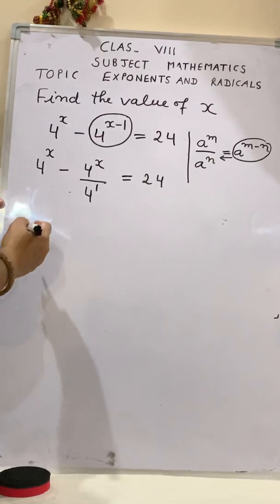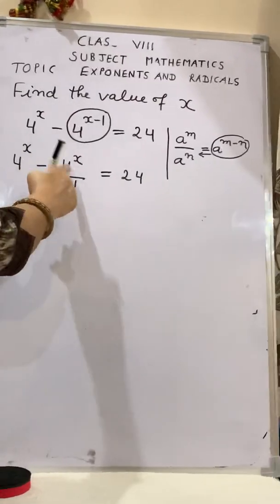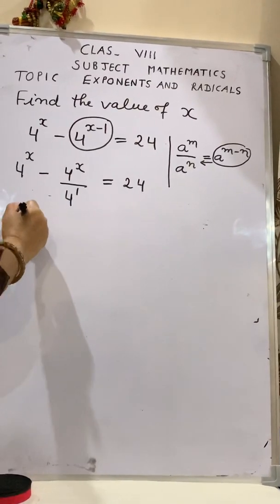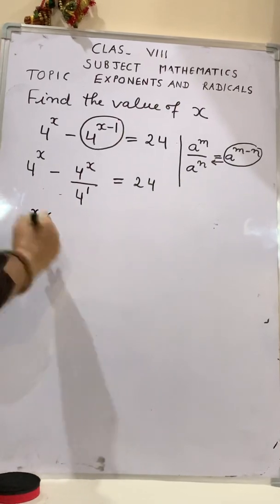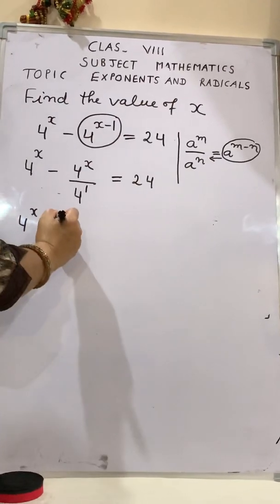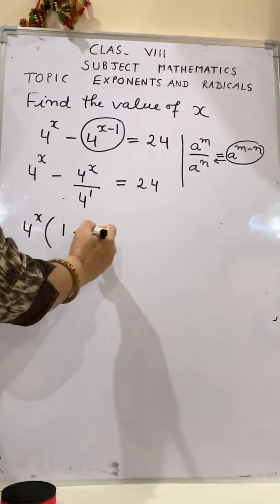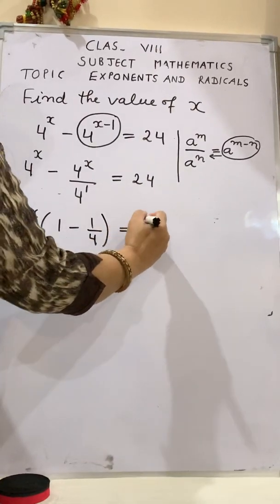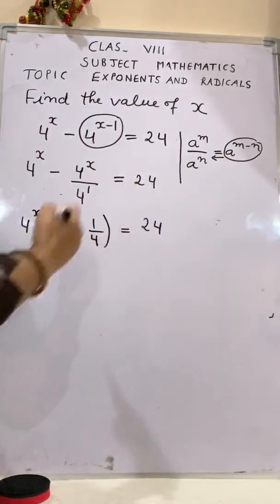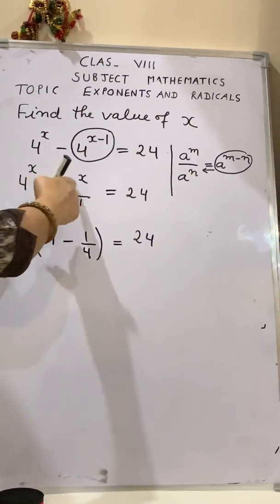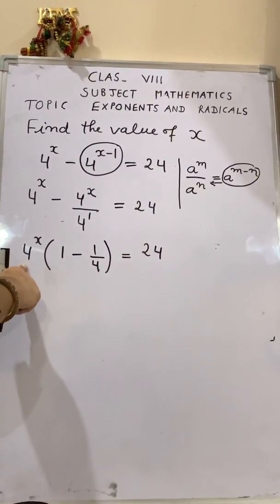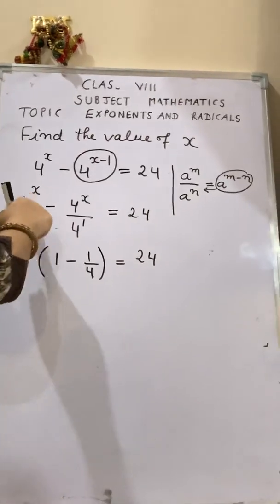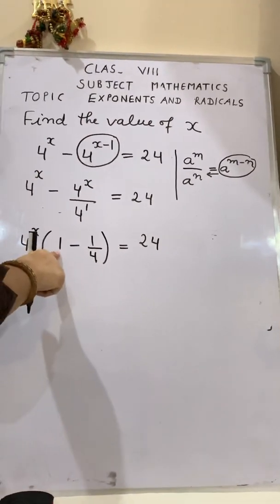Now next step will be first term and second term. Here 4 raised to power x is common. 1 minus 1 by 4 is equal to 24. Here 4 raised to power x is the common factor. 4 raised to power x divided by 4 raised to power x, we find 1.